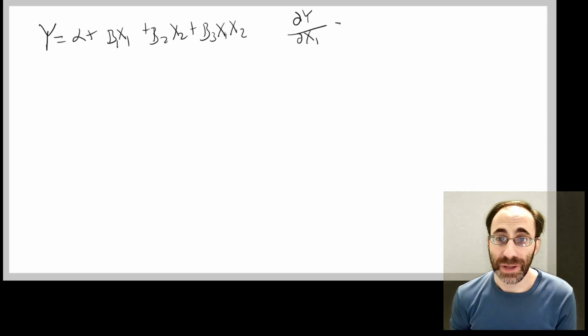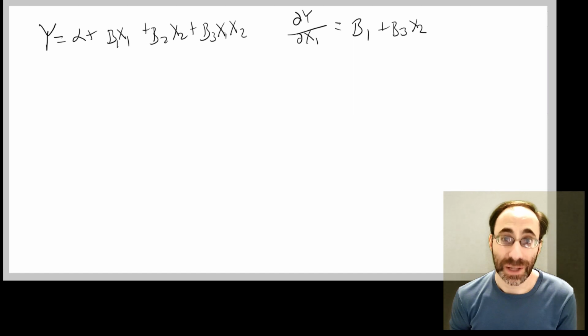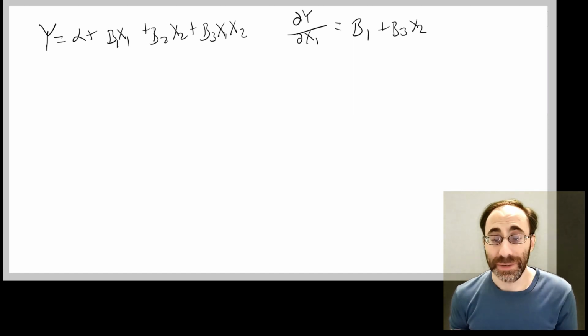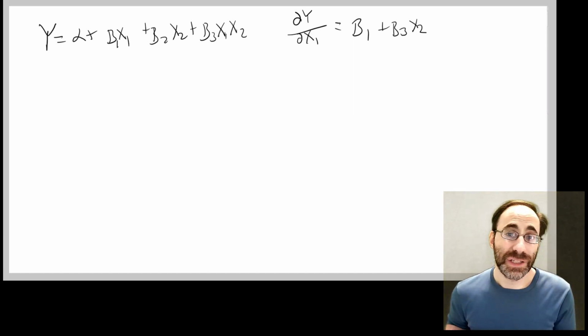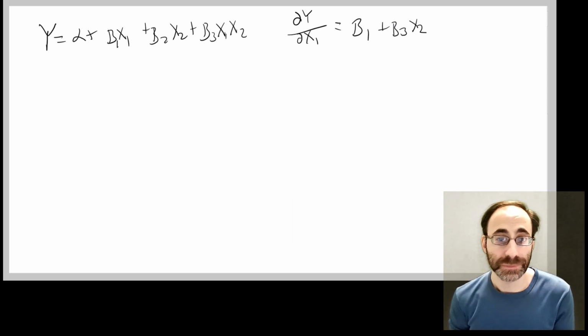We worked that out and got beta 1, the coefficient on x1, plus beta 3 x2, which ends up being the coefficient on x1 in the product term when you hold x2 constant. So this is what we got. This gives us, in a sense, a point prediction for any value of x2: we can predict the estimated marginal rate of change of y with x1.